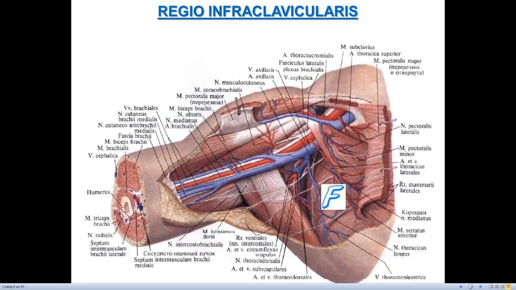Infraclavicular region layers: skin, movable; subskin fat, presented normally, with very good development of subskin fat in female.